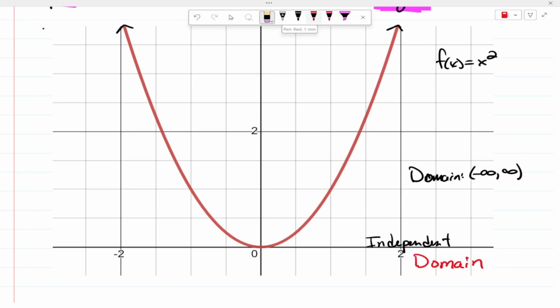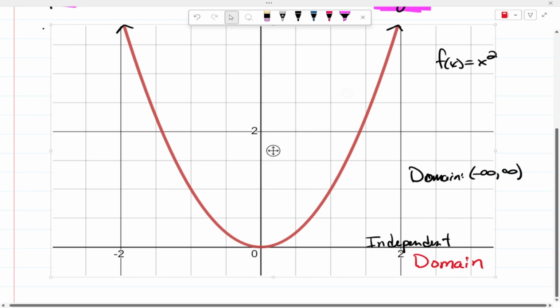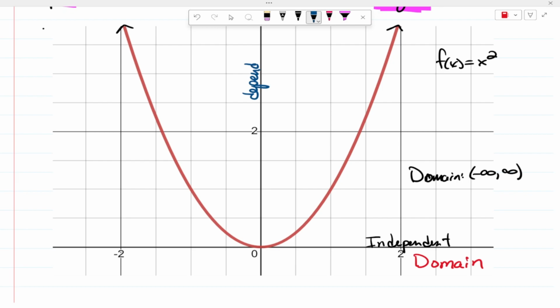The range, I'm going to change my marker here. The range will be all of the y values. So this is our dependent variable. This is the y-axis. We call this the range. And if I walk along this y-axis, please note that the lowest y value that I can get is going to be 0.